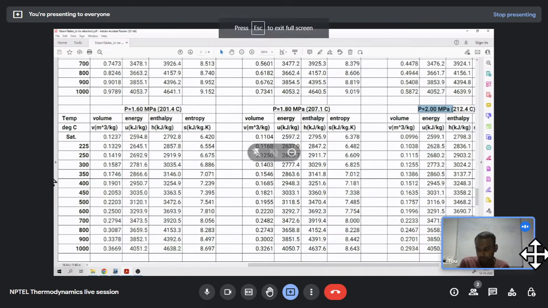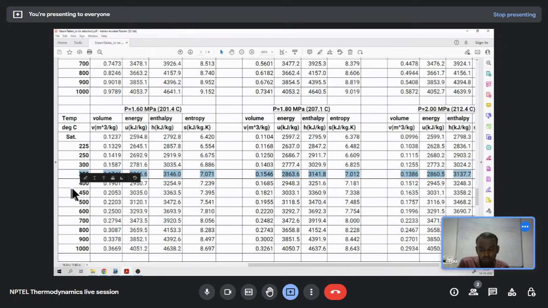Our temperature is 360, but we have only 350 and 400 degrees Celsius, so we have to interpolate these values. We have to get the enthalpy and the entropy values. So first we would note down the enthalpy values given in the table and then interpolate.